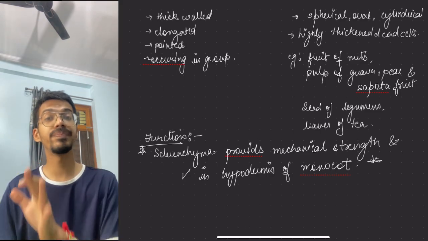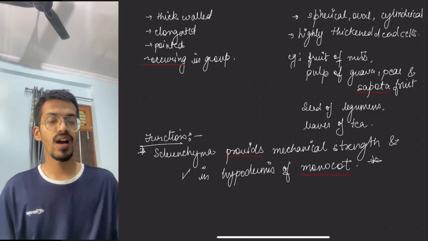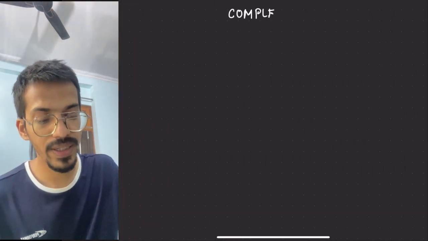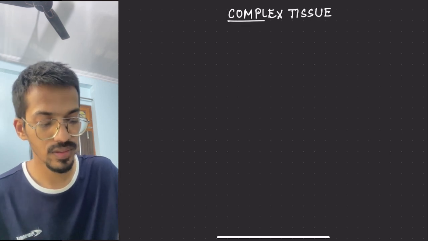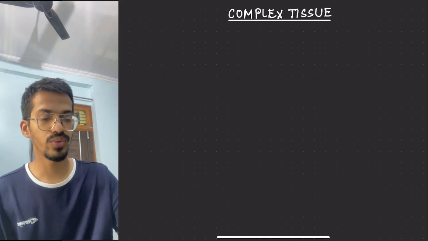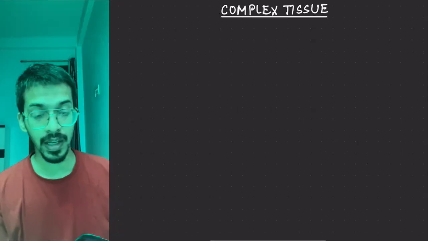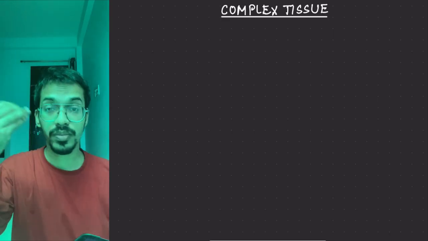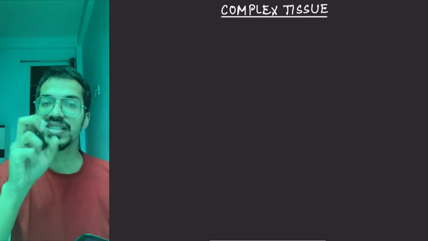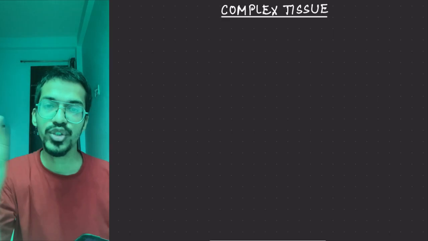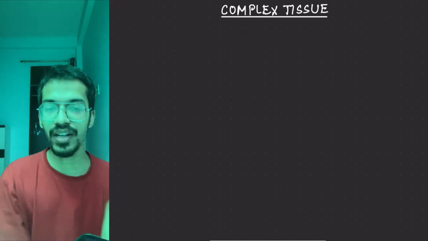With this, the simple tissues are over. The next are the complex tissues. The complex tissue is also called your vascular tissues. Vascular tissues broadly means two different types of tissues, xylem and phloem.